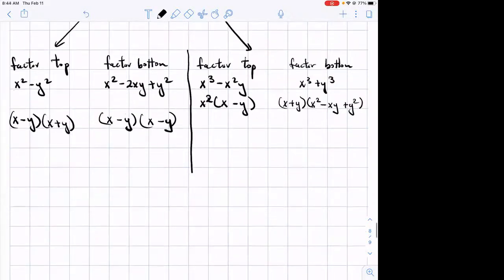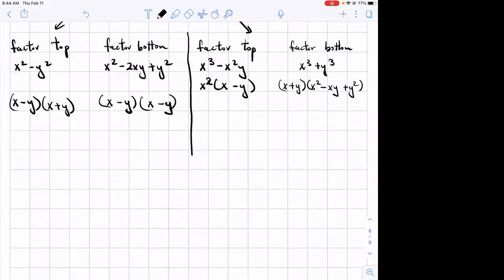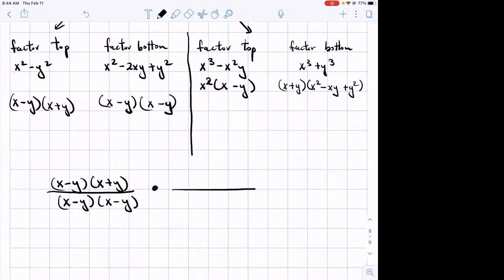So if I write these all together now, we have in the top x minus y times x plus y. In the bottom, we have x minus y, x minus y. Remember, we change it to times, so this becomes x squared times x minus y. And in the bottom, we have x plus y times x squared minus xy plus y squared.